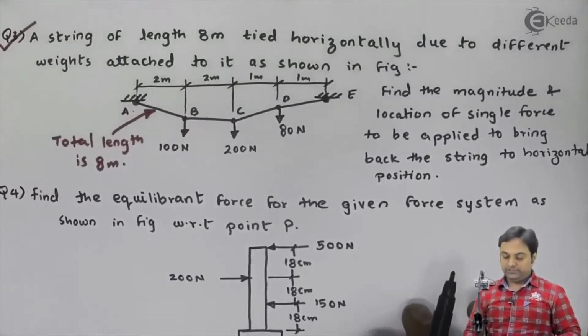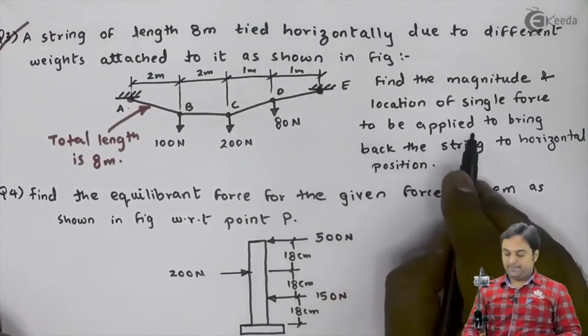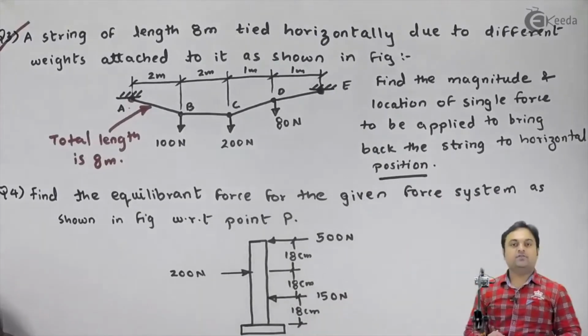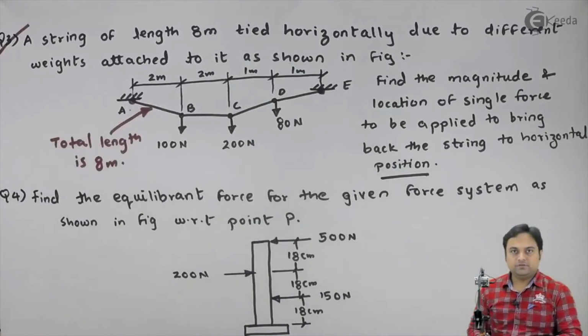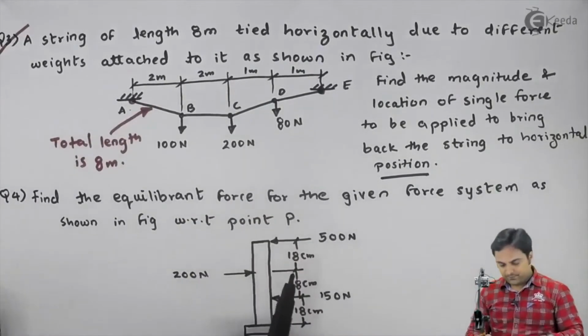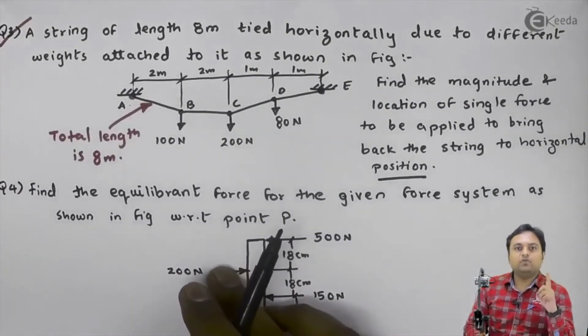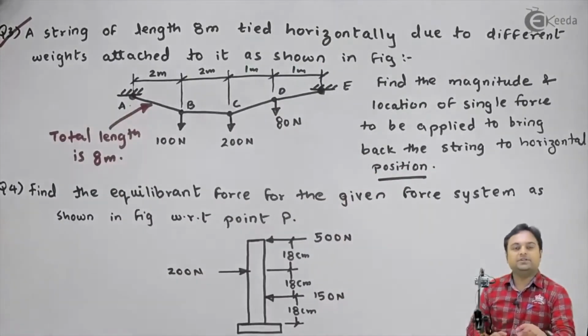Here we have to find the magnitude and location of a single force to be applied to bring back the string to horizontal position. See, this force is something different. In this question we are dealing only with this. First of all, I will calculate one single force which is bringing this string in the downward direction.